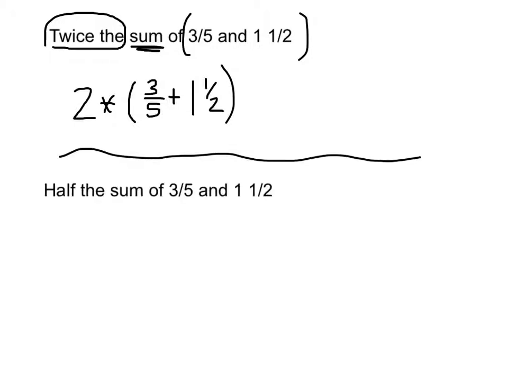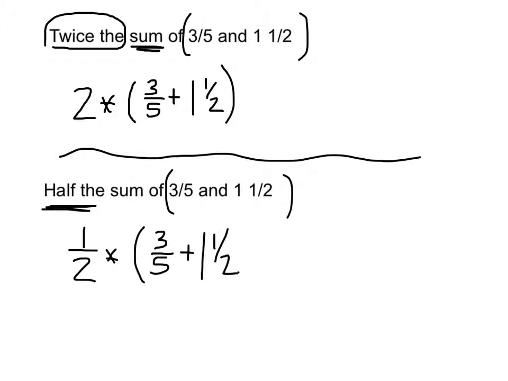Next we have a little bit of a change up, but it is very similar. This time instead of taking twice the sum, I am taking half of the sum of 3/5 and 1 1/2. So there's a half of, the sum is adding those two numbers.